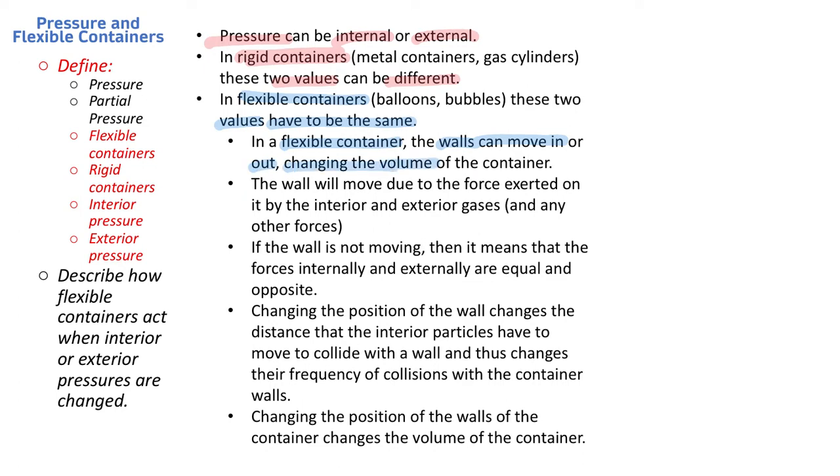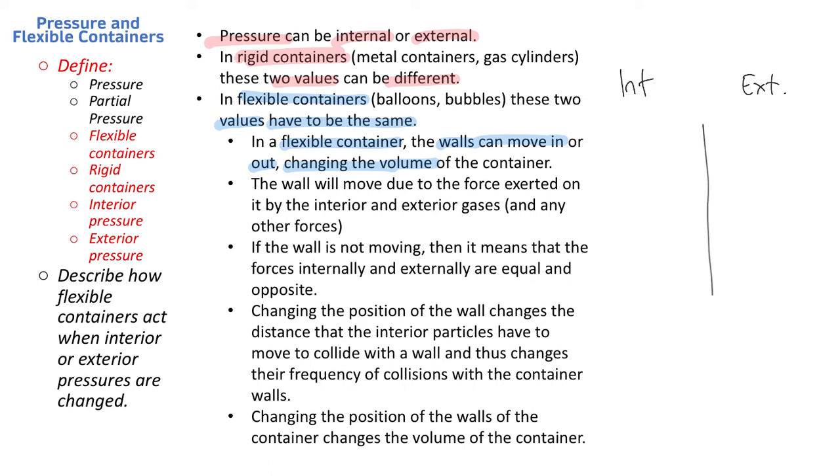So here is a wall. Let's call this side the interior and this side the exterior. This object here can move back or forward, depending on what happens to it.